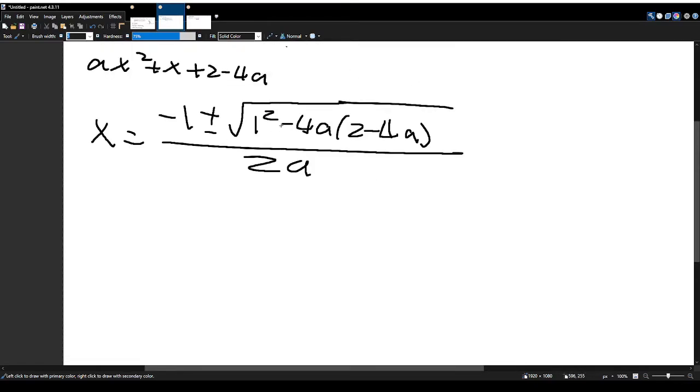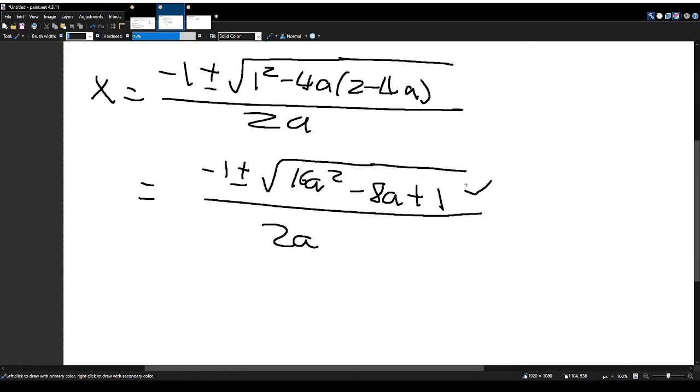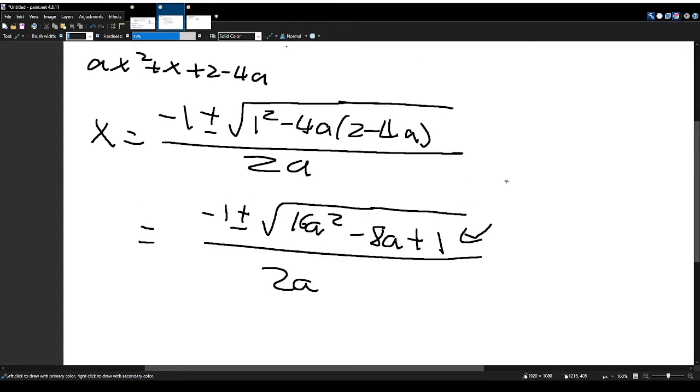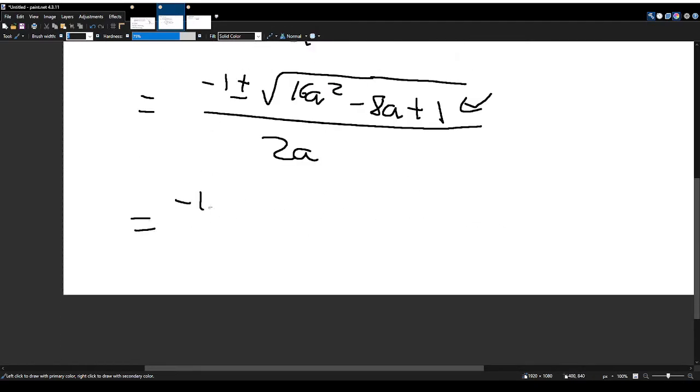And then you simplify this, you get negative 1 plus or minus the square root of 16a squared minus 8a plus 1, all over 2a. And this is a perfect trinomial, so you can write this as negative 1 plus or minus the square root of (4a minus 1) squared.